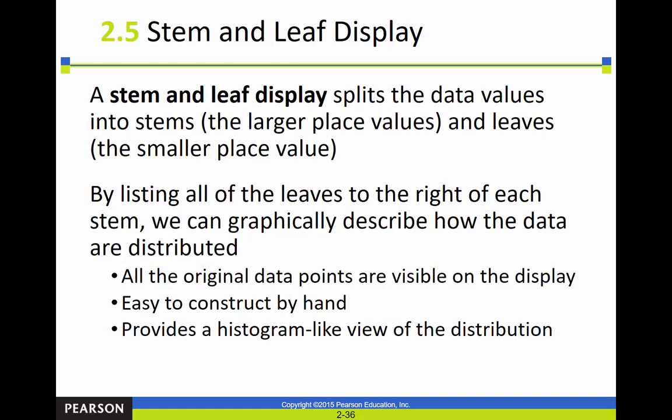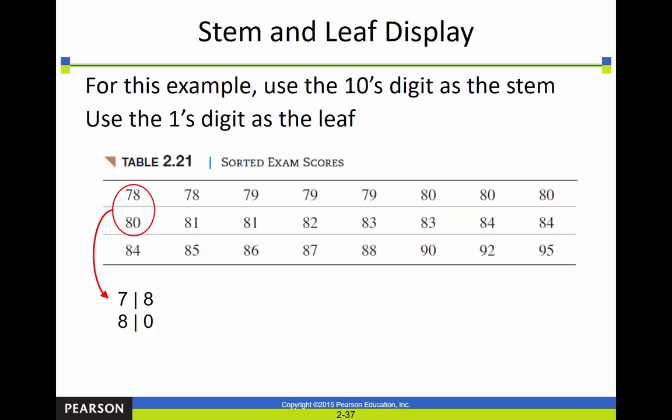There's a stem and leaf display. This is something you probably learned in 6th grade and then forgot. It just takes the data set and lets you display it in a way that is a little bit more concise. What you do is you put the tens digit on the left-hand side of the bar and then the ones digit on the right-hand side of the bar.